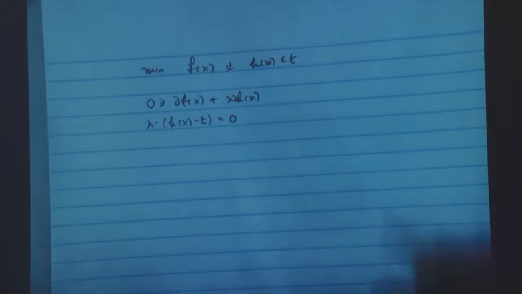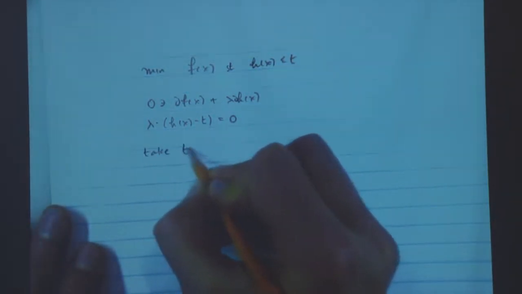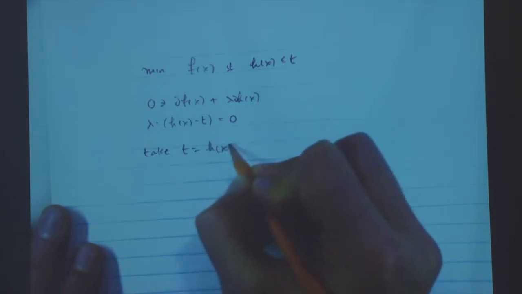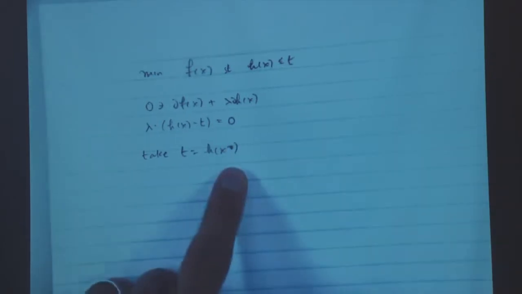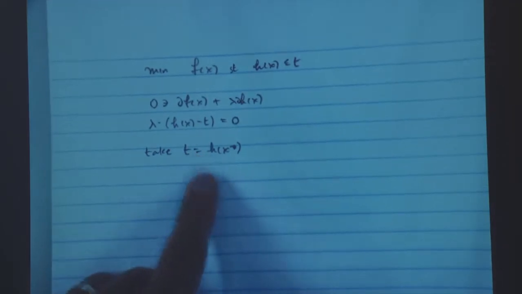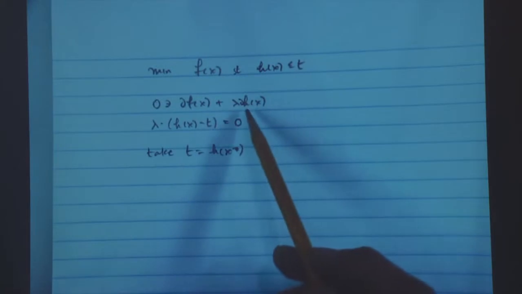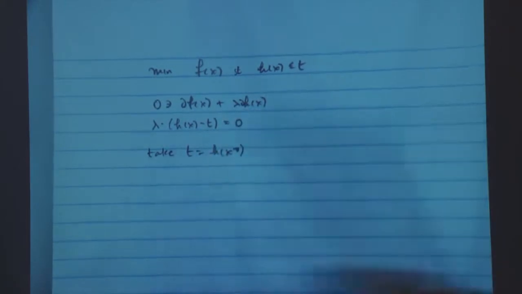Well, they're satisfied if I take t equal to h of x star. If the solution was x star to the Lagrange problem and I take t equals h of x star, then complementary slackness is automatically satisfied. The stationarity condition is satisfied at x star because we've assumed that x star minimizes the Lagrange problem. So we've now formed a solution to the constrained problem.